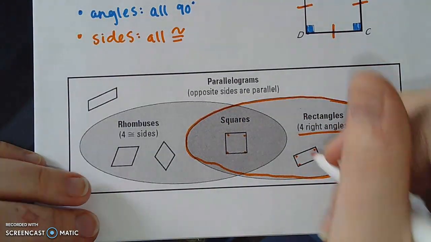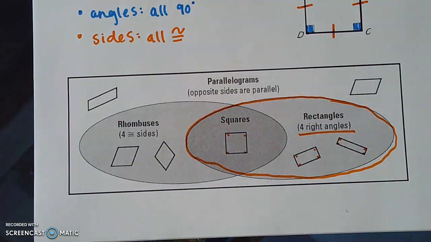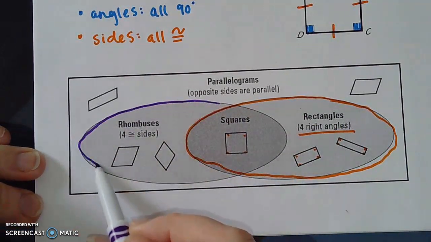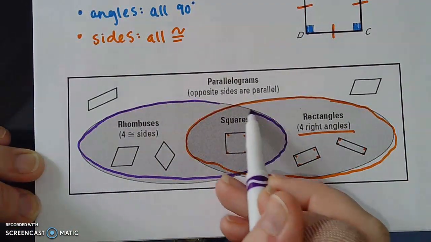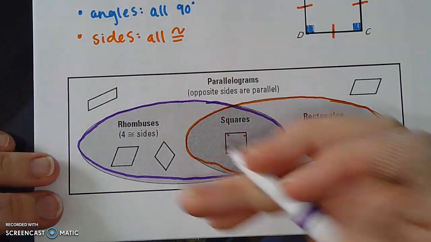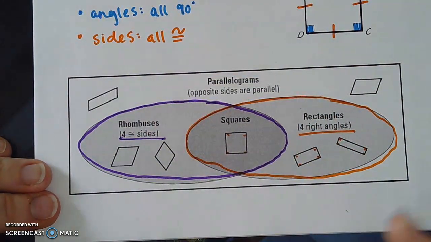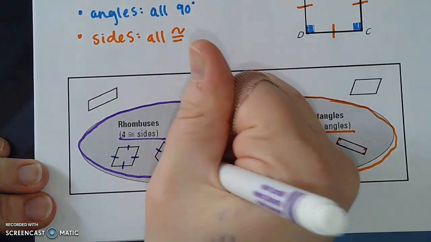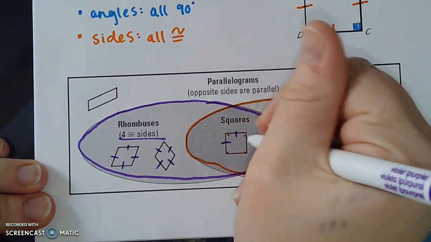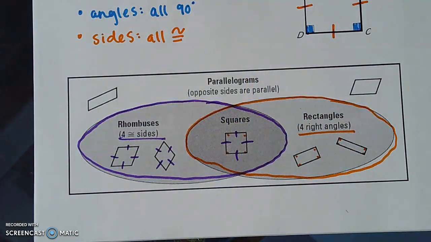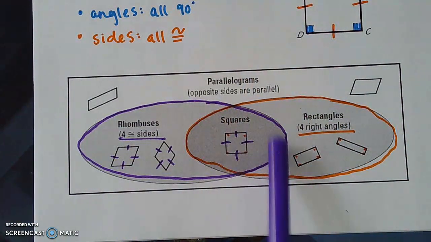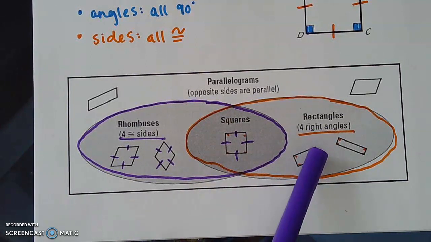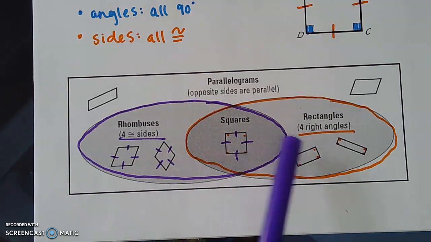And same thing with the rectangle, all of those are 90 degrees in each corner. And then this circle over here of the Venn diagram is talking about congruent sides. So the rhombus has 4 congruent sides, and the square has 4 congruent sides. And you can see the square is right in the middle of the Venn diagram because it is both all right angles and all congruent sides.